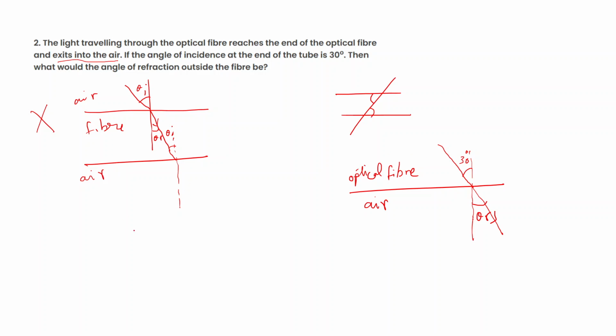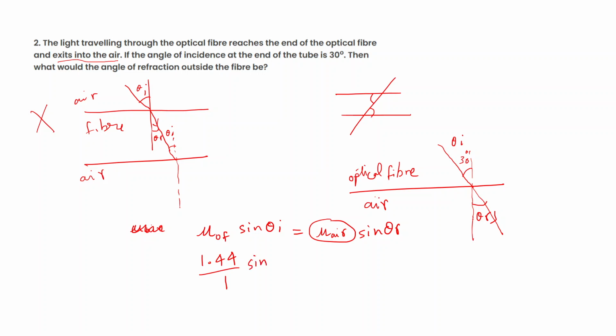Again we'll use our Snell's law, which is mu, refractive index of this optical fiber, sine theta I, where theta I is the angle of incidence and theta r is the angle of refraction, is equal to refractive index of air and sine of theta r. So refractive index of optical fiber was 1.44 and refractive index of air is 1.